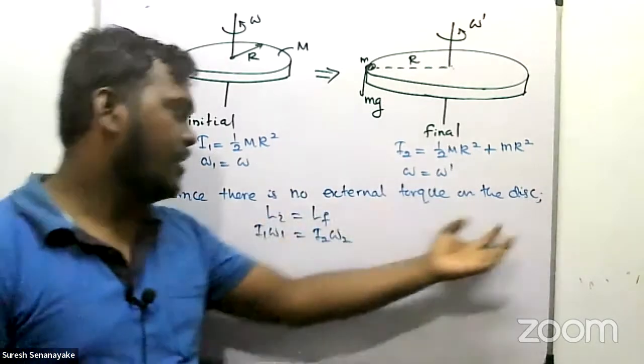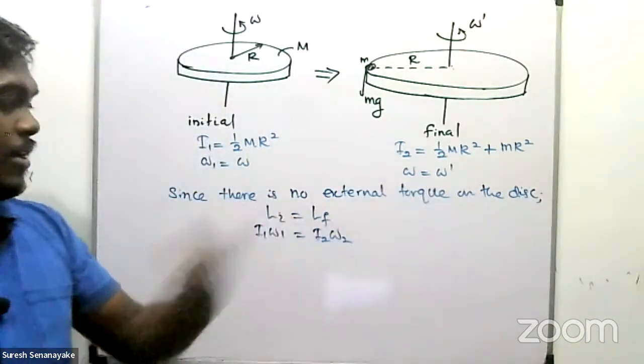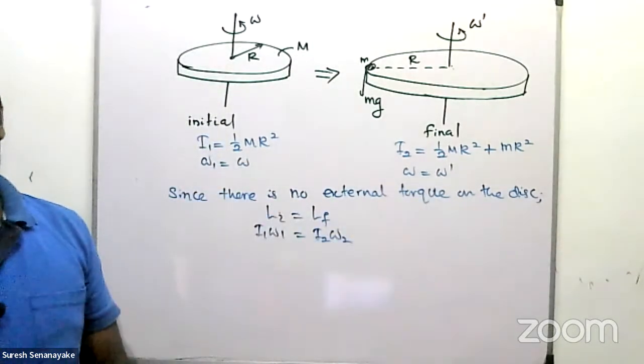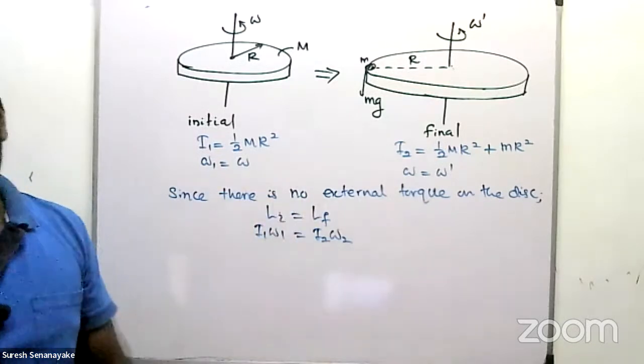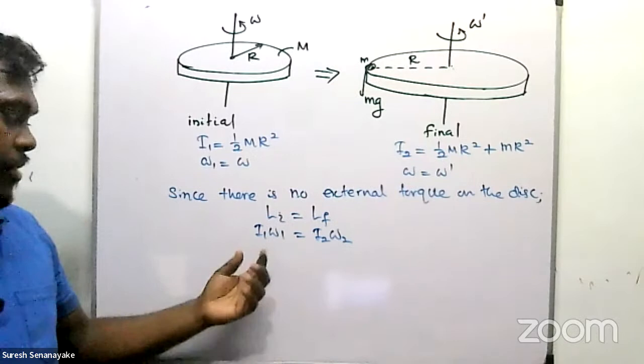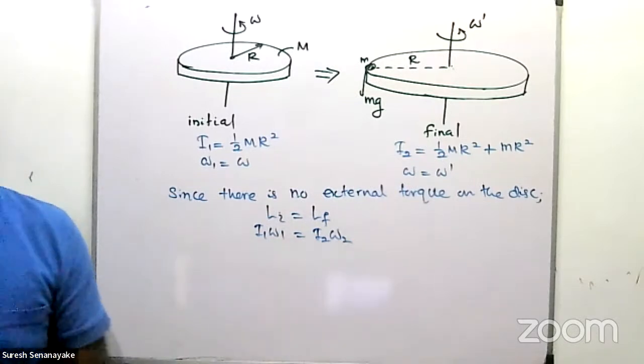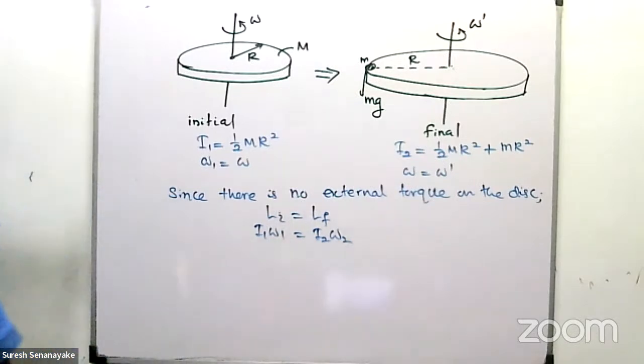Since there is no external torque on the system, I1 omega 1 equals I2 omega 2. Now these corresponding values you can substitute and get the answer.